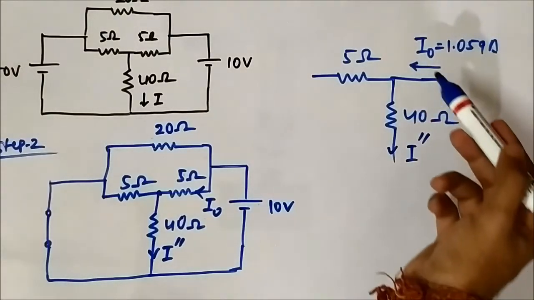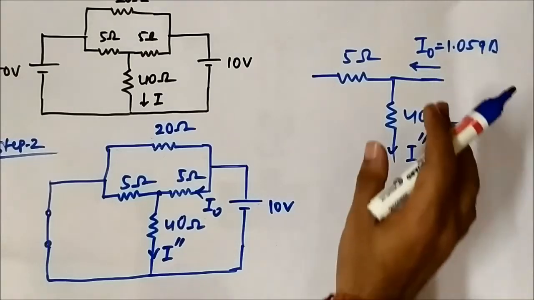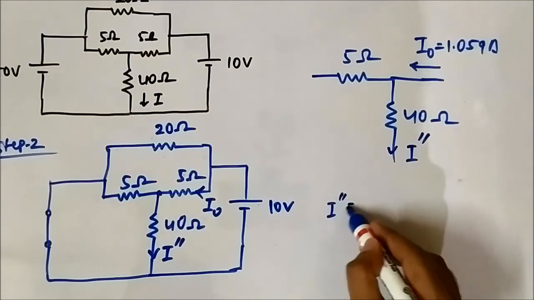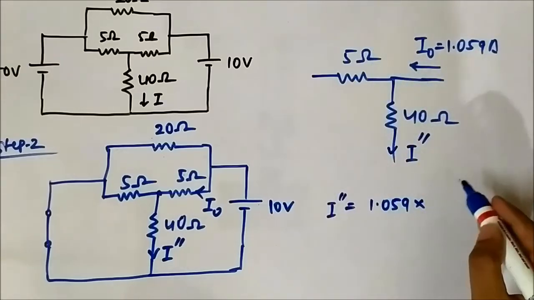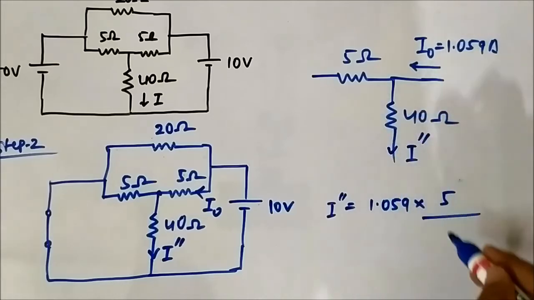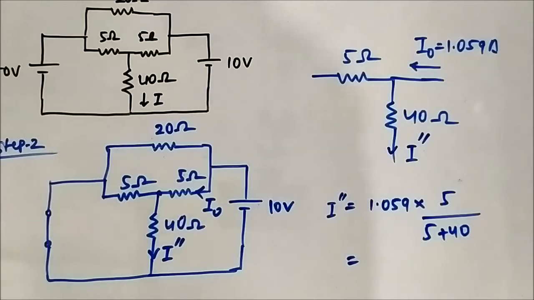Again here we have to apply the current division rule. I double dash will be 1.059 into the other resistance, which is 5 ohm, by the sum of the resistance, which is 5 plus 40, which is 45.